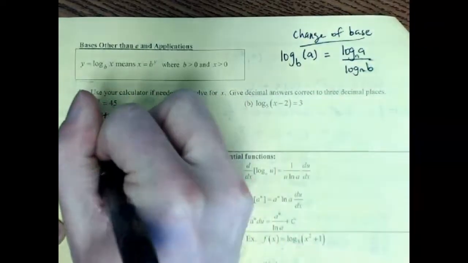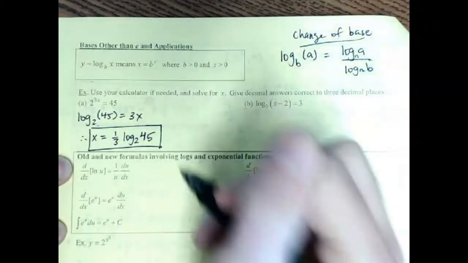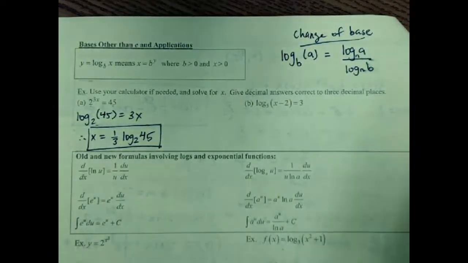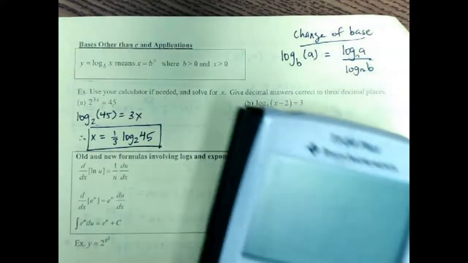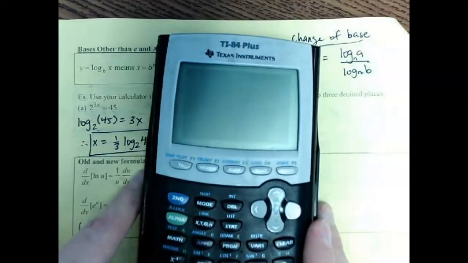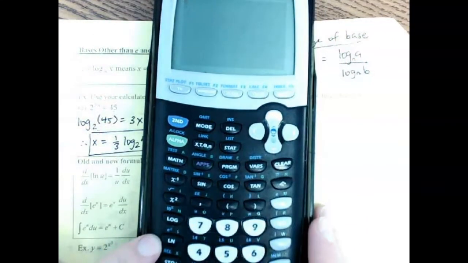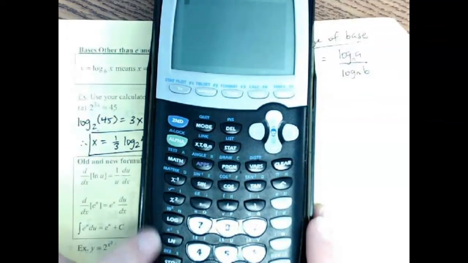Now that's your exact solution, but if it wanted you to get the decimal, you'd be like, okay, how do I do that? I know I could divide by 3, but how do I do a log base 2? If you look on your calculator, we have the log button, and right below it we have the natural log button. There is a way in your calculator to change the base.